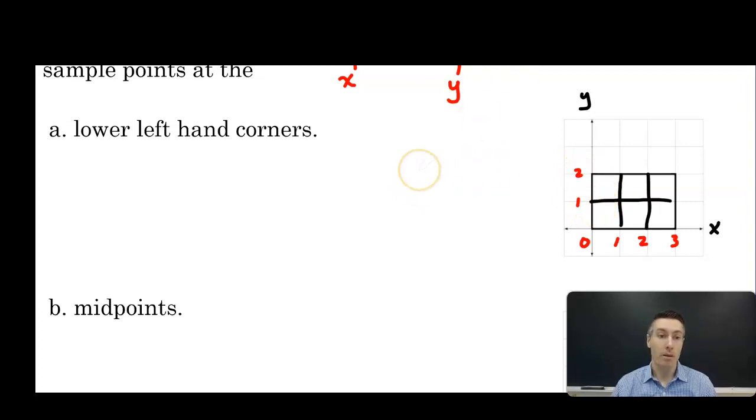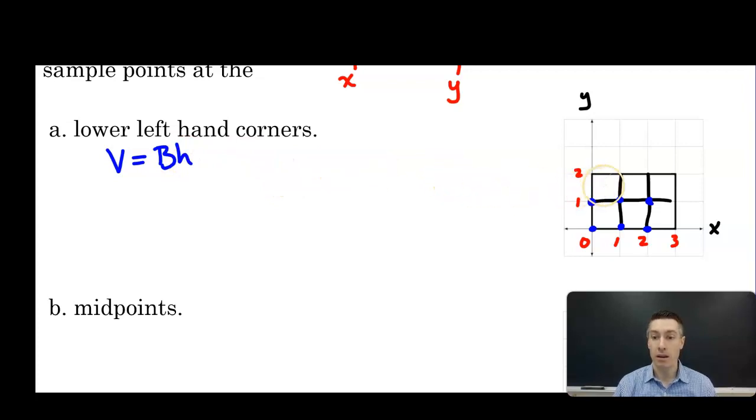Now the sample point for part A is at the lower left-hand corner of each subrectangle, which means here, here, here, here, here, and here. So those are the 6 points that we need to evaluate the function at to define the height of each of the 6 rectangular prisms that we're finding the volume of. And then we're going to sum all of them up. So remember, volume of a rectangular prism, area of the base times the height.